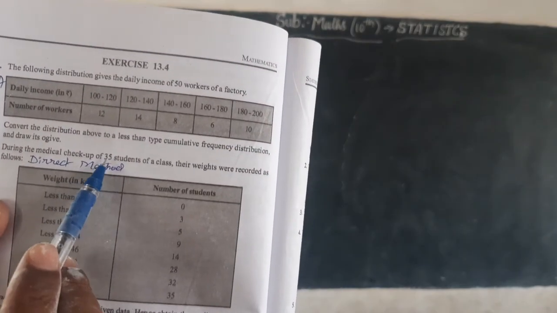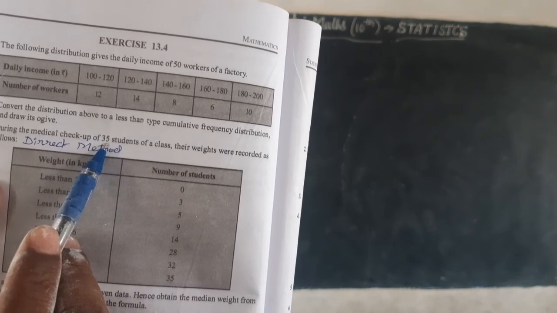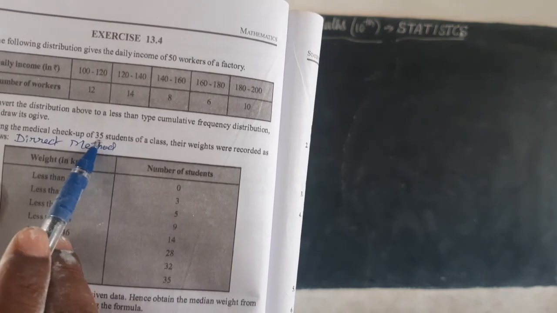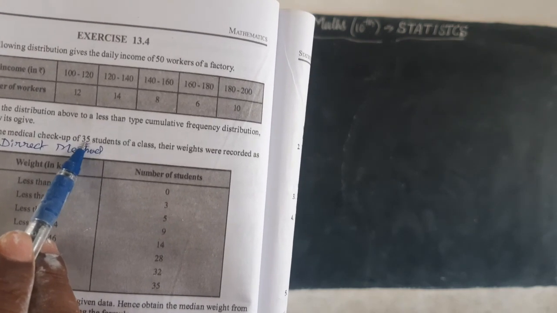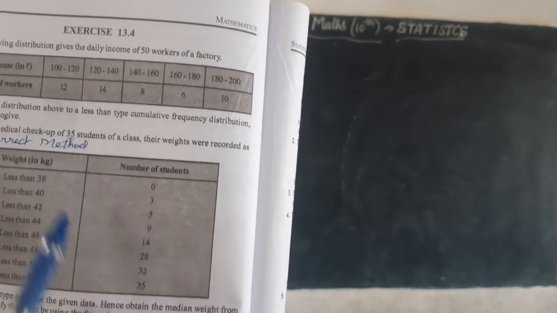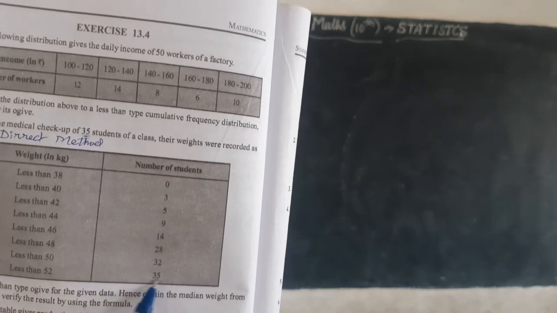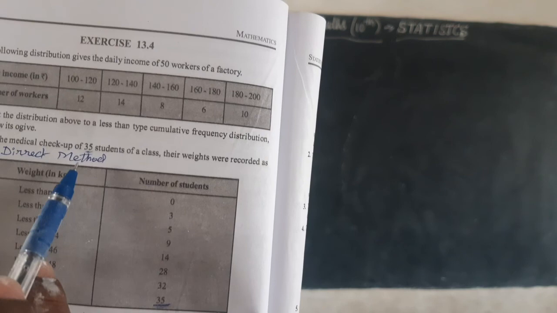Children, the number of students who attended the medical checkup is 35. Here also we have 35. Understand children?